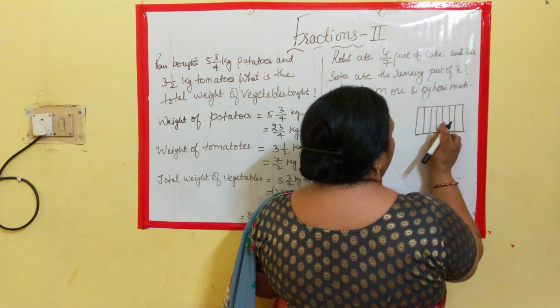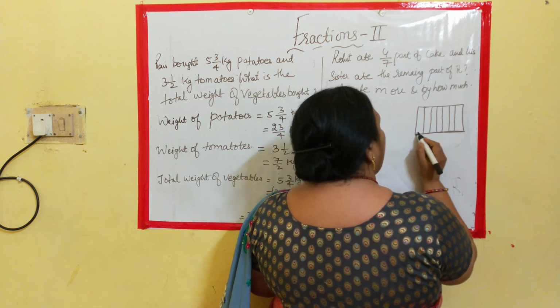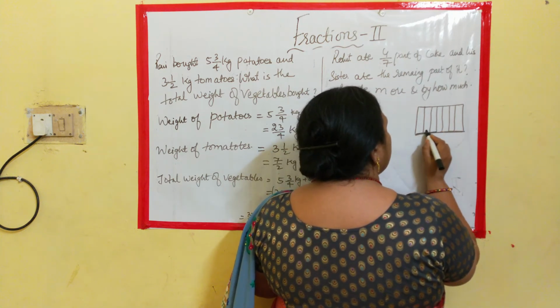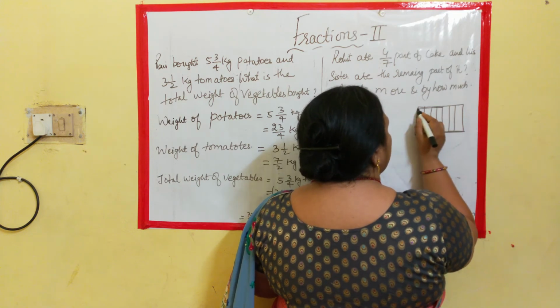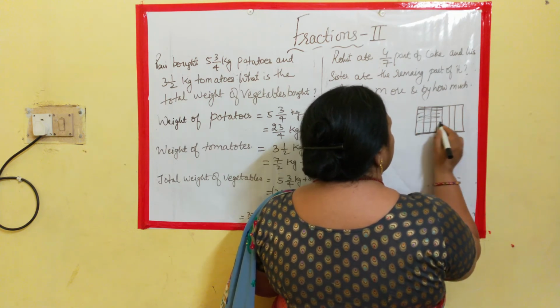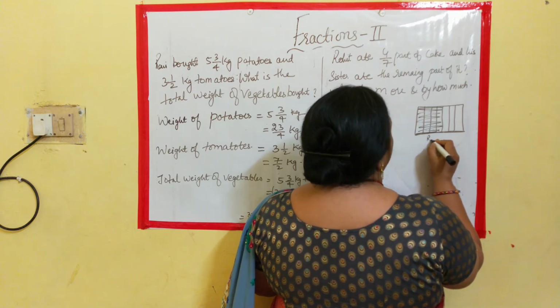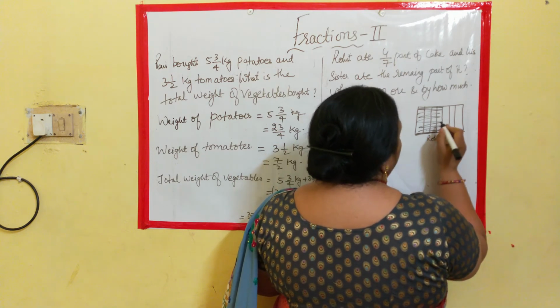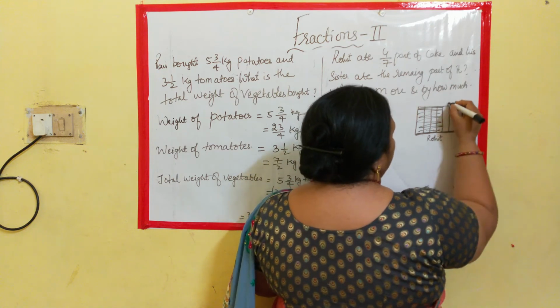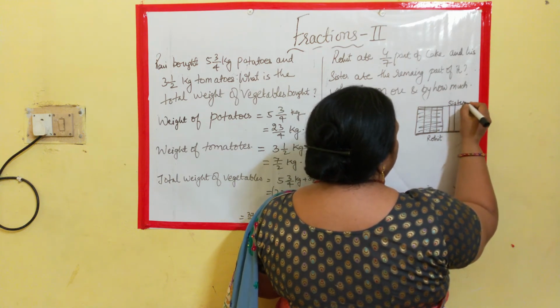One, 2, 3, 4, 5, 6 and 7. So among these, 4 parts, 1, 2, 3, 4, till here is the part taken by Rohit. The remaining part is by his sister.